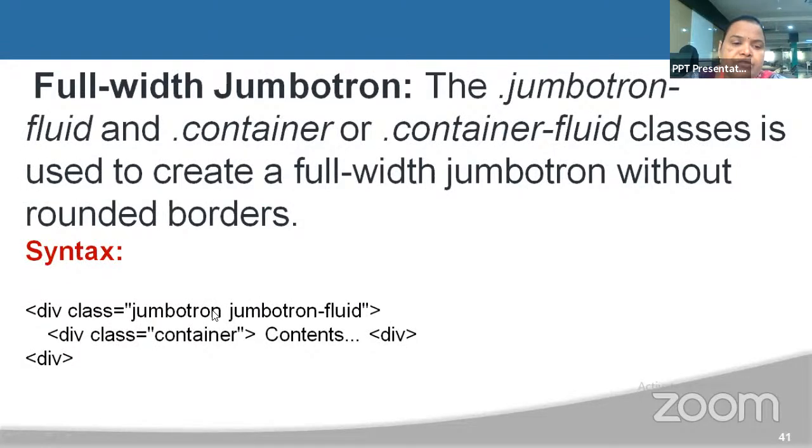These are the two different classes. Jumbotron covers only half of the screen. Jumbotron fluid is for the full width of the screen. This is the difference between these two. Whenever it's required, you can go through that particular one. Okay. That's all about the Jumbotron.